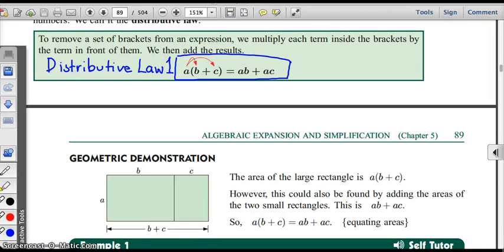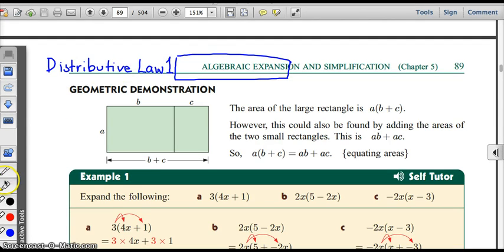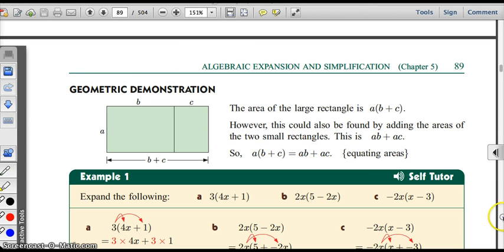Now, for some of you, this is going to further make this understandable, but for some of you, it may confuse you. So you make the choice of whether you switch on or off with this, but they do like to do this geometric demonstration that if we had a rectangle which is A, B in length, okay, that solving the area of that would be A times B, wouldn't it?